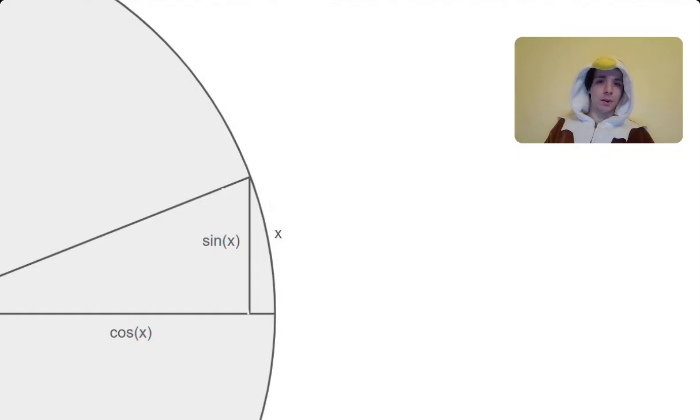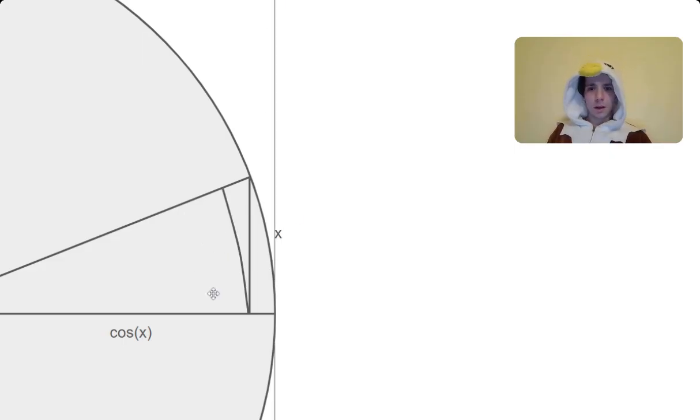And since the radius is just 1 on the unit circle, it's going to be 1/2 x. And this contains the triangle, so we know that this is going to be bigger than the triangle. And then if we look at this inner circular arc, it gives us the same thing, but in this case, the radius is cosine of x. So it's going to be 1/2 x cosine squared x.